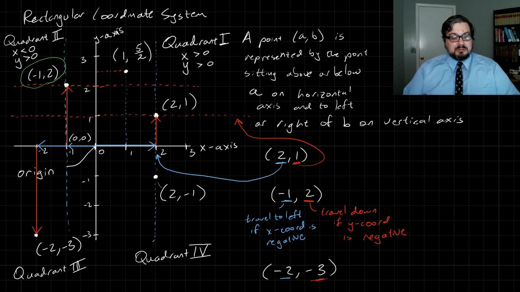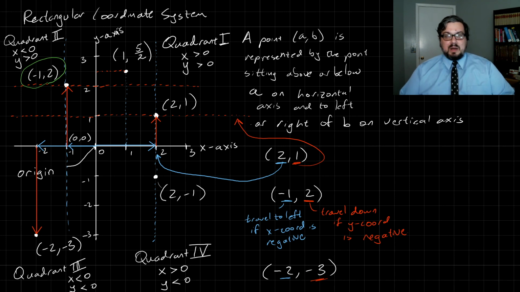Moving on to Quadrant 3. Quadrant 3 has negative x-coordinates and negative y-coordinates. Quadrant 4 has positive x-coordinates and negative y-coordinates. So for each combination of positive or negative that you can associate with the x-coordinates or the y-coordinates of a point, that will give you one of these four quadrants.